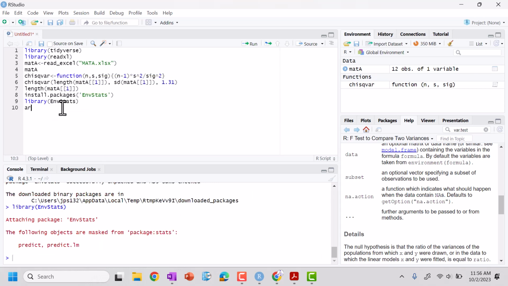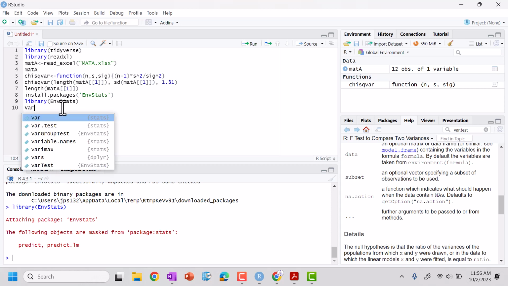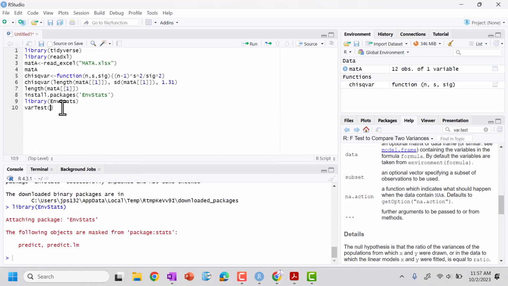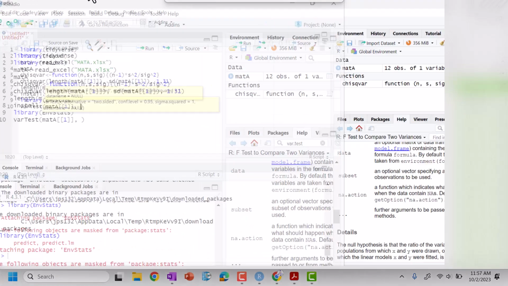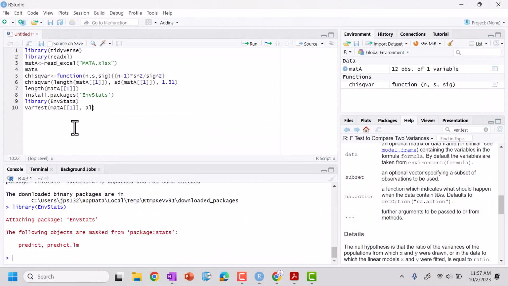Now we can do varTest here. We're going to insert our material, matA, and this was a two-sided test, basically asking if it comes from 1.31. So our alternative is equal to two-sided. Same confidence level, conf.level. It's a very similar format. Then sigma.squared, 1.31 squared.